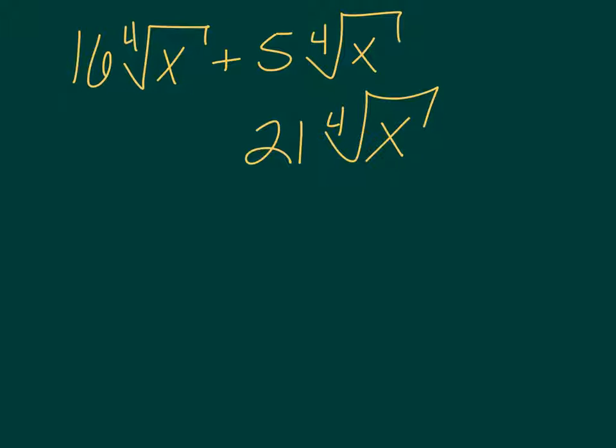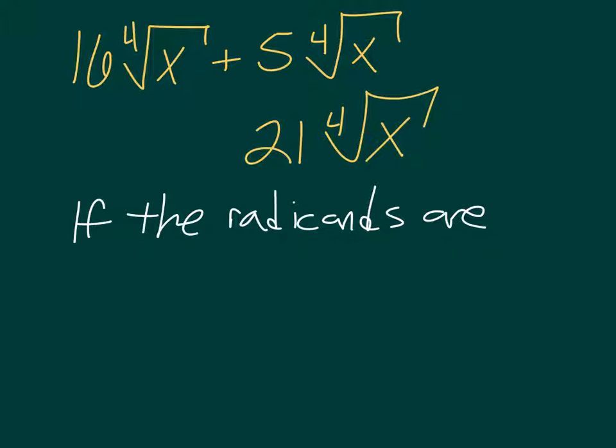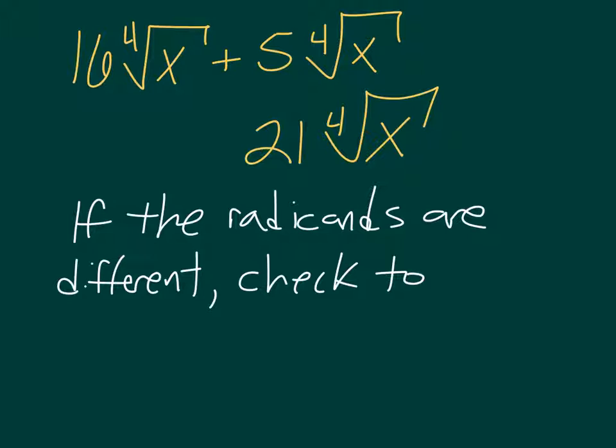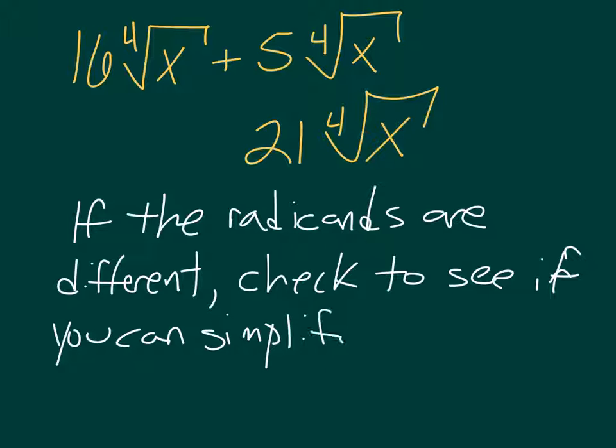So if you like the steps and you like to write it out, if the radicands are different, you should check to see if you can simplify so that they are the same.